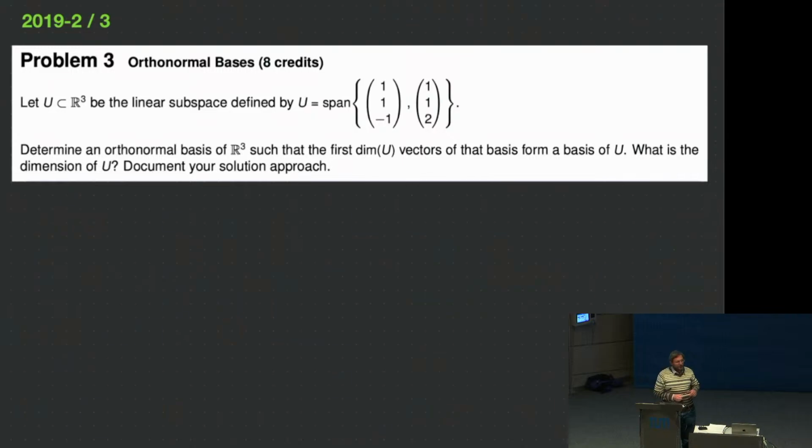Quick remark, there's again a question on TweetBack. I'm only asking for the dimension of U because it's not very nice to write those vectors in TweetBack. So just use that as an indication when you're done.